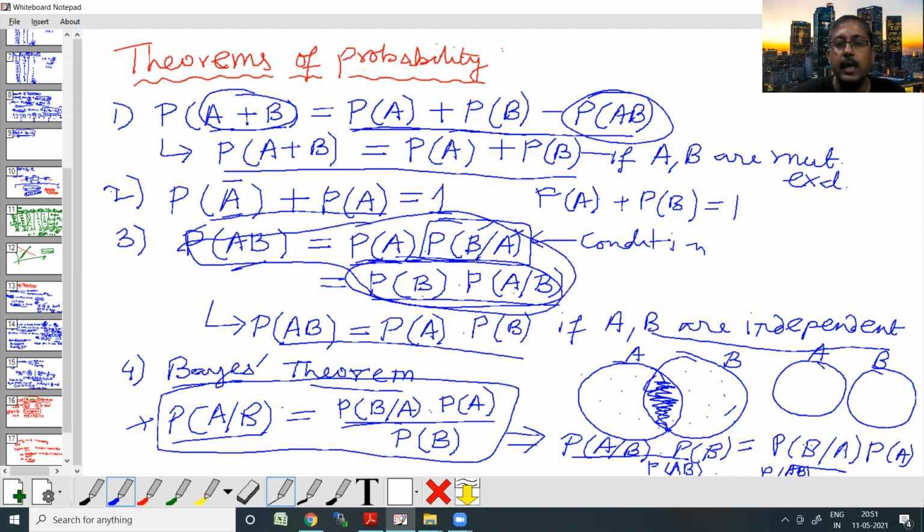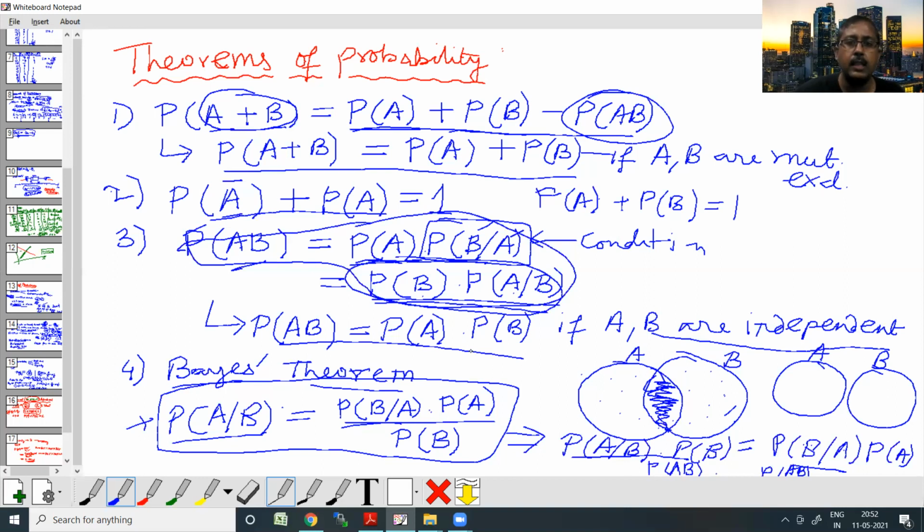P of A into P of B given A, okay, is equal to P of B into P of A given B. So that rearranged gives us the Bayes theorem that P of A given B is equal to P of B given A into P of A divided by P of B. Okay, so this is the Bayes theorem of probability, conditional probability, which is used very often when we do the machine learning algorithms, right?